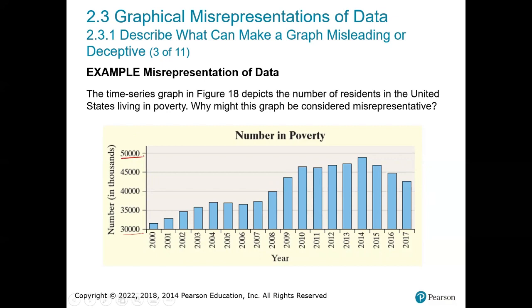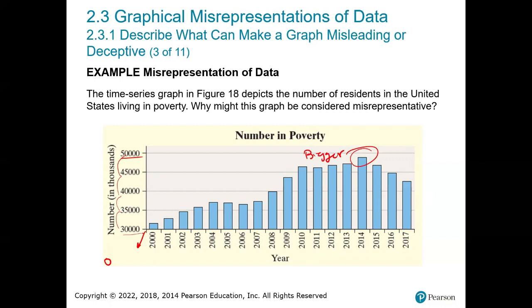My scale is even, I count by 5,000 each time. This counts by 1,000 each time, so my scale is good, but the fact is there is no 0 here. There is no origin. So what they're doing is they're causing you to see that this looks like it's so much bigger. It's so much compared to 2,000.